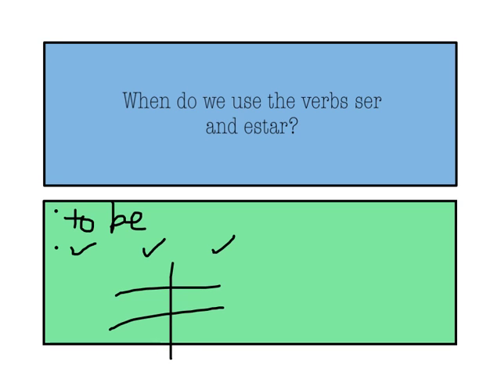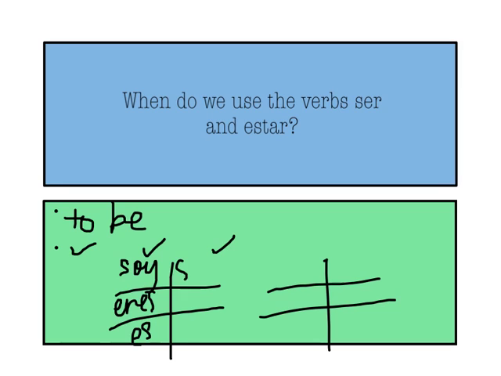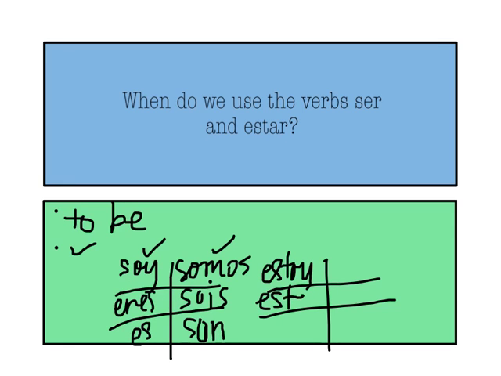Lastly, I would go ahead and draw your conjugations in. This is going to be something so that when you look back at this page, you can see immediately your rules as well as your conjugations. And it should help you to have it all in that same place so that you can remember.